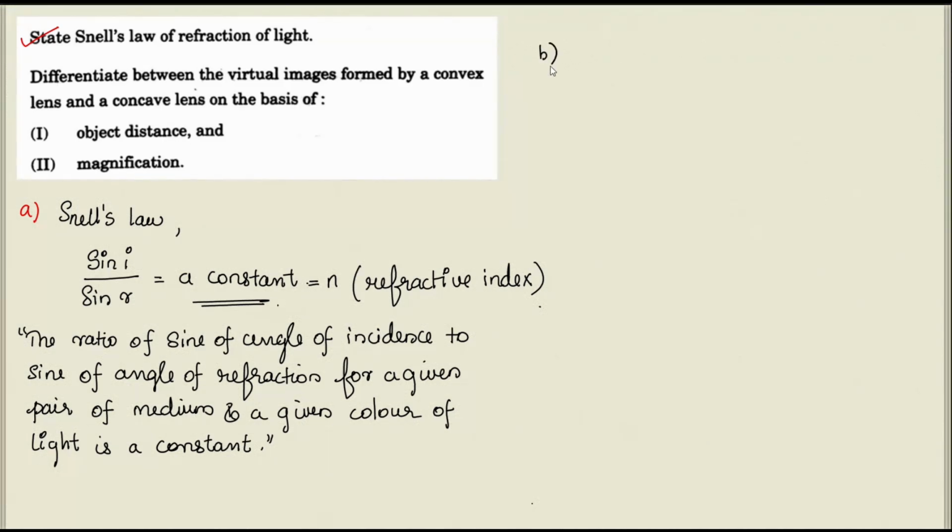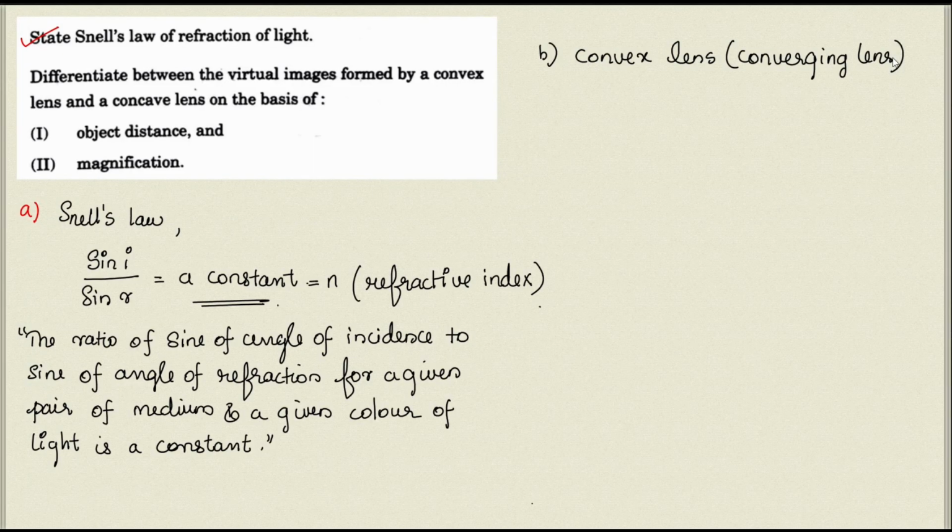Now the second part of the question, we have to differentiate between the virtual images formed by a convex lens and a concave lens. Now the convex lens, we know that it is a converging lens, and it has basically 6 ray diagrams.